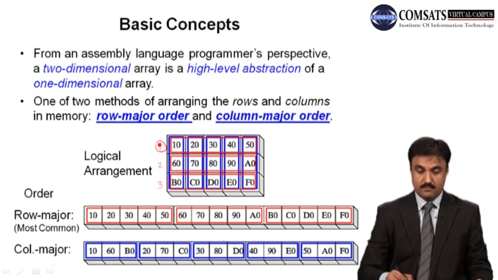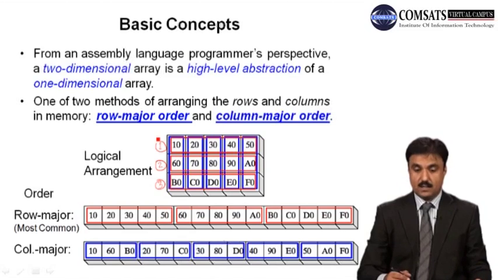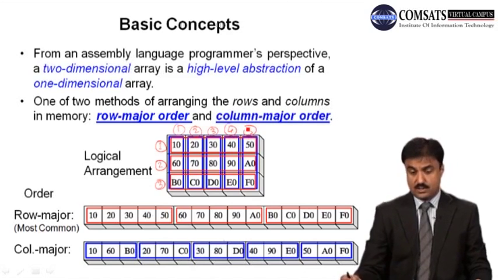These are called subscripts, which show the index, or the number, of a row. Then we have columns: column number 1, column number 2, column number 3, and then columns 4 and 5. This is the basic structure of the logical arrangement of two-dimensional arrays.